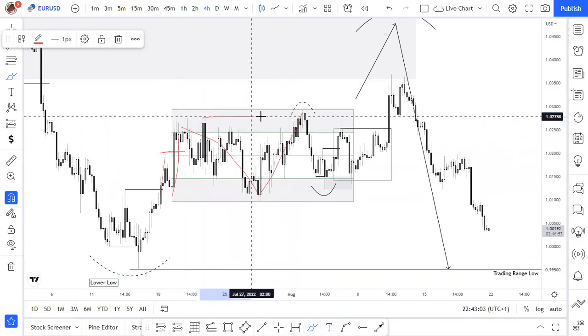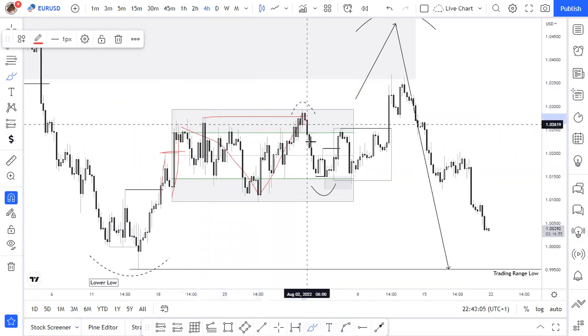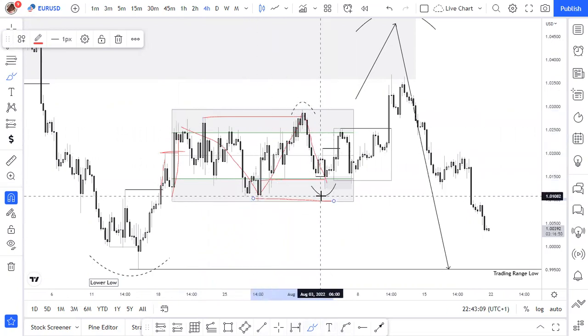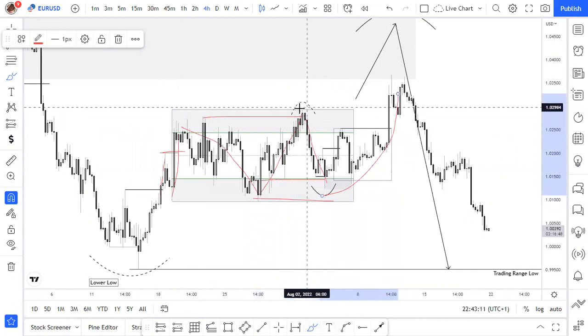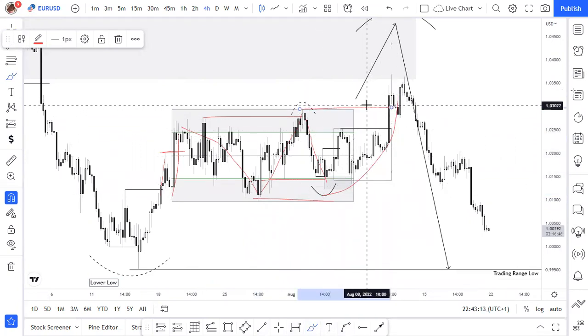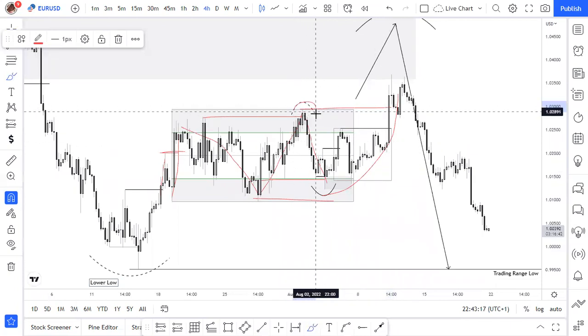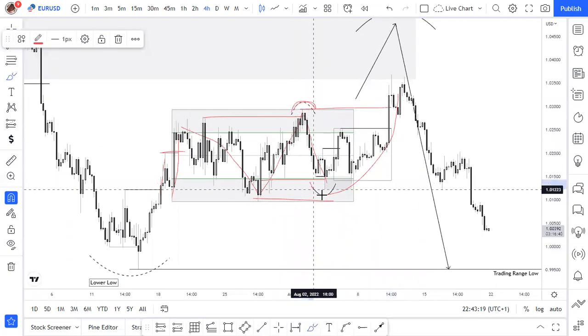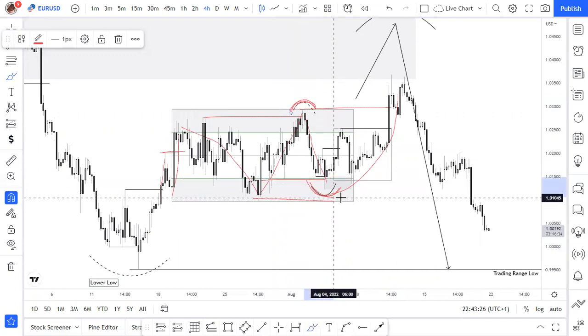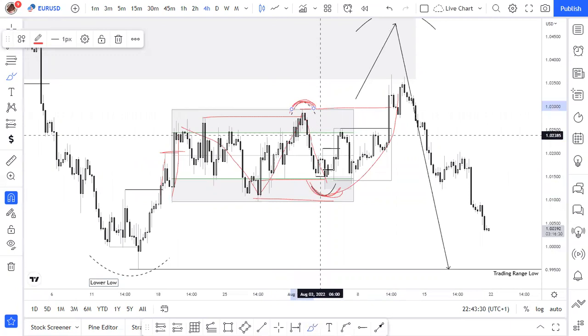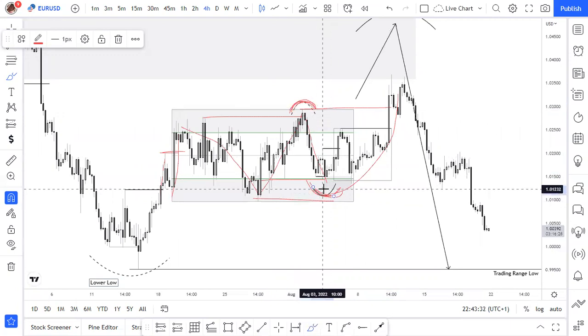That gives us another break of structure, price pulls back into this demand zone, and then we have another push up here, breaking the structure. So we could say that we are working within this high and this low, which is why I had this semicircle here. That was the reason I put it there, because I was just noting that this is actually my trading range on the 4 hour.